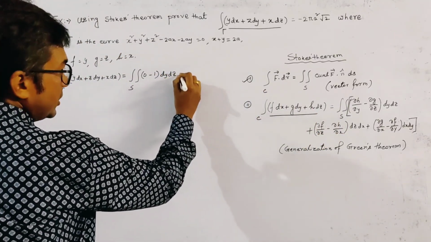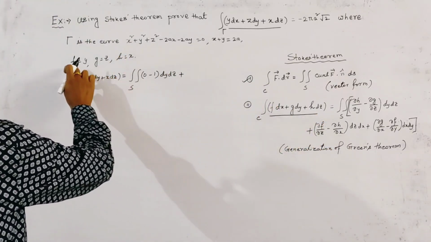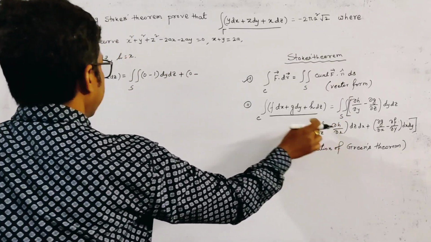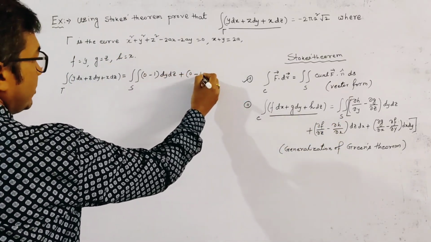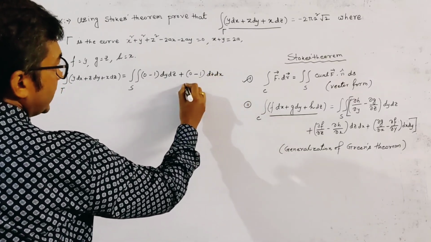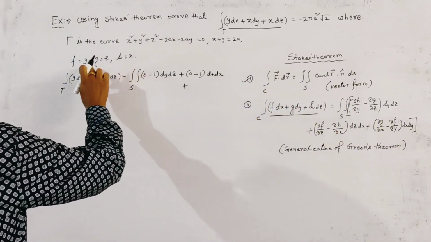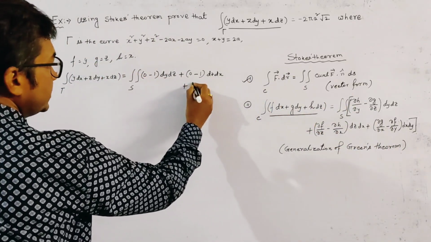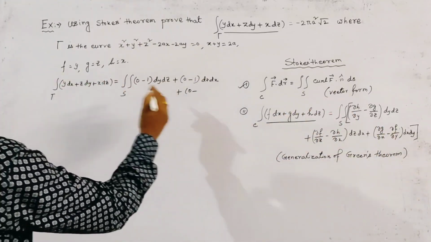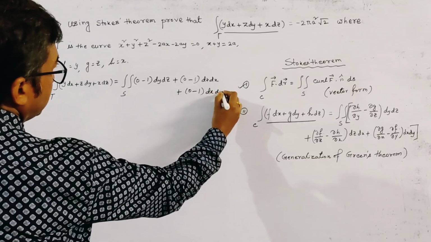This is the first term. The second term is del f by del z minus del h by del x, which is again 0 minus 1, into dz dx. The third term is del g by del x minus del f by del y, which is 0 minus 1, into dx dy.